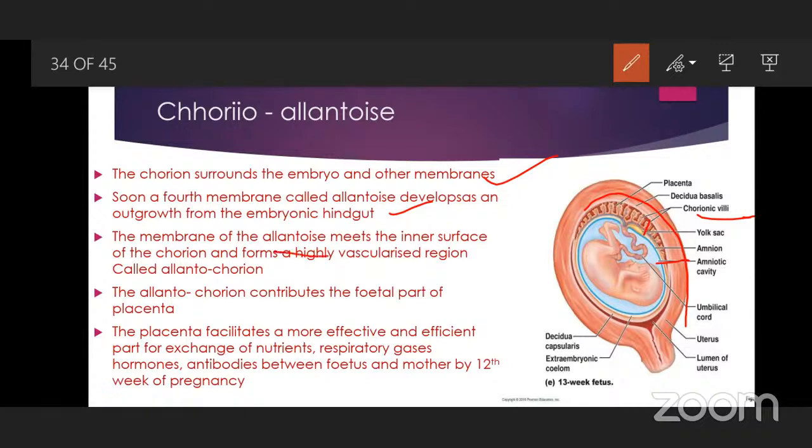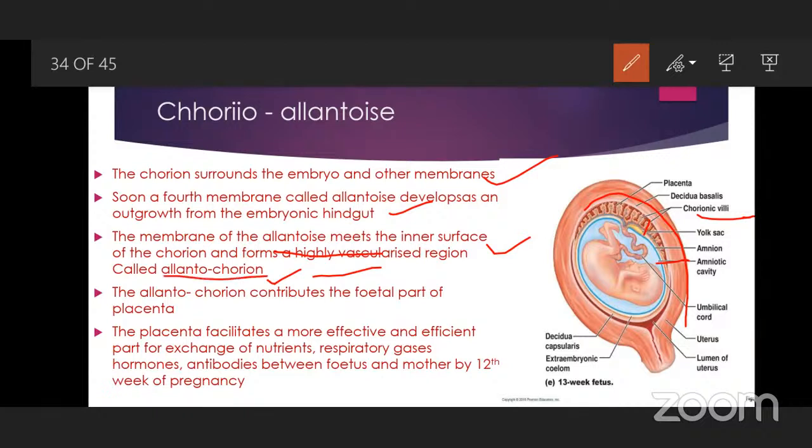The membrane of the allantois meets the inner surface of the chorion and forms a highly vascularized region, which has a rich supply of blood vessels, called allantochorion.